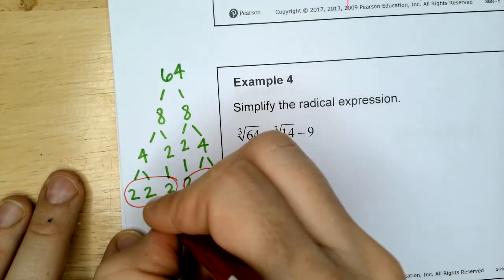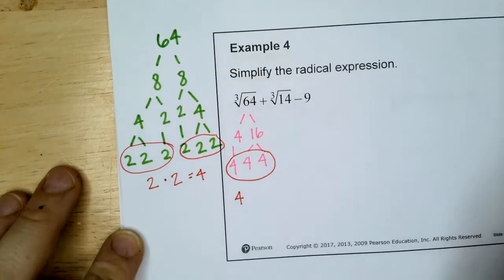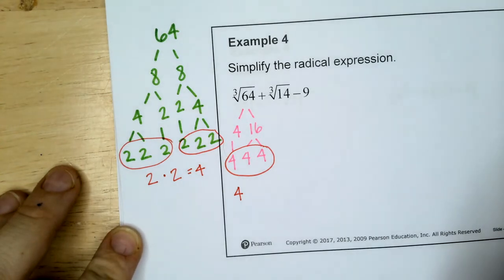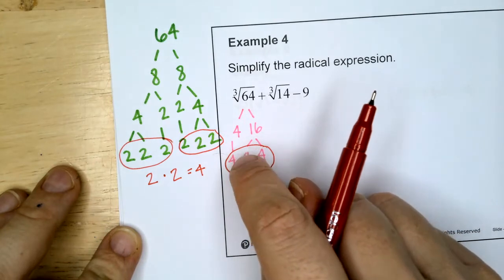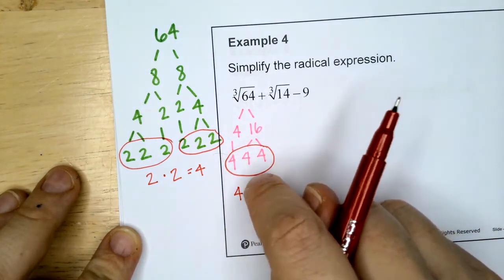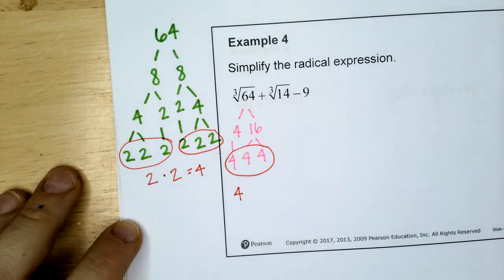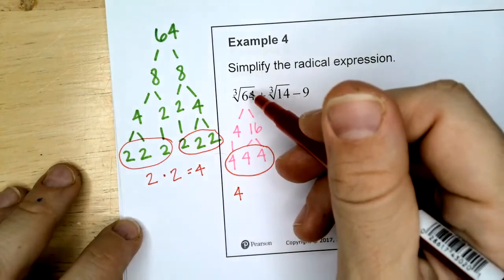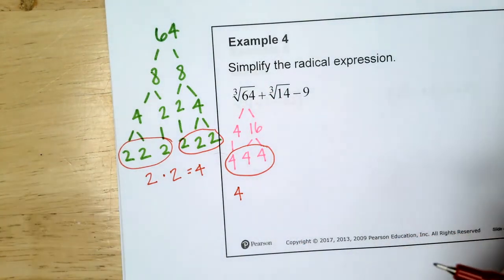So I can pull out 2 2s. 2 times 2 is 4. So either way, I can get to 4. Good. So the cubed root of 64 is 4. You can even just throw it in your calculator, see if you get a whole number, right?